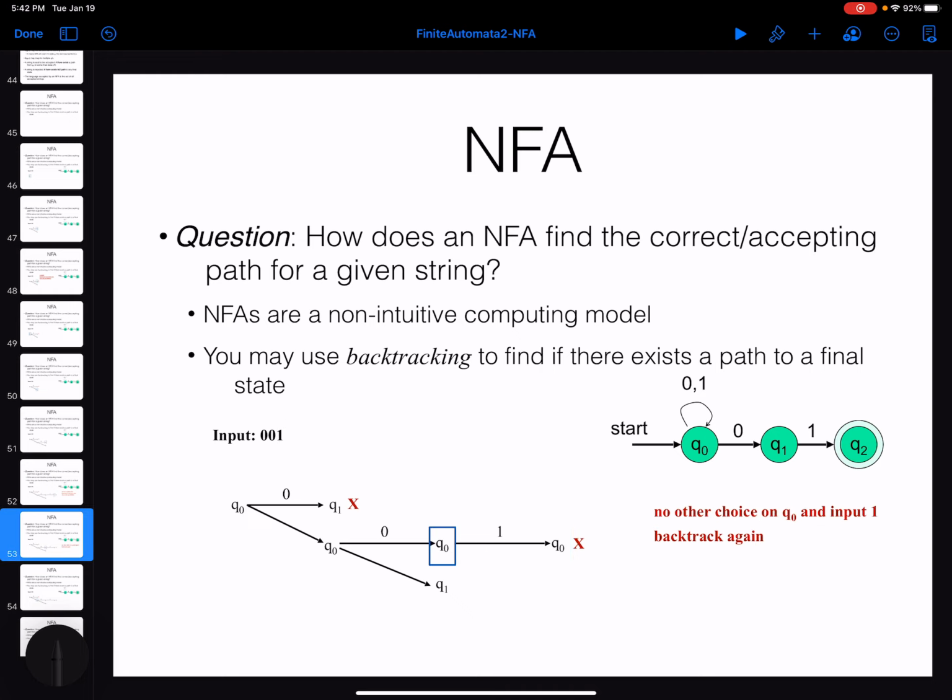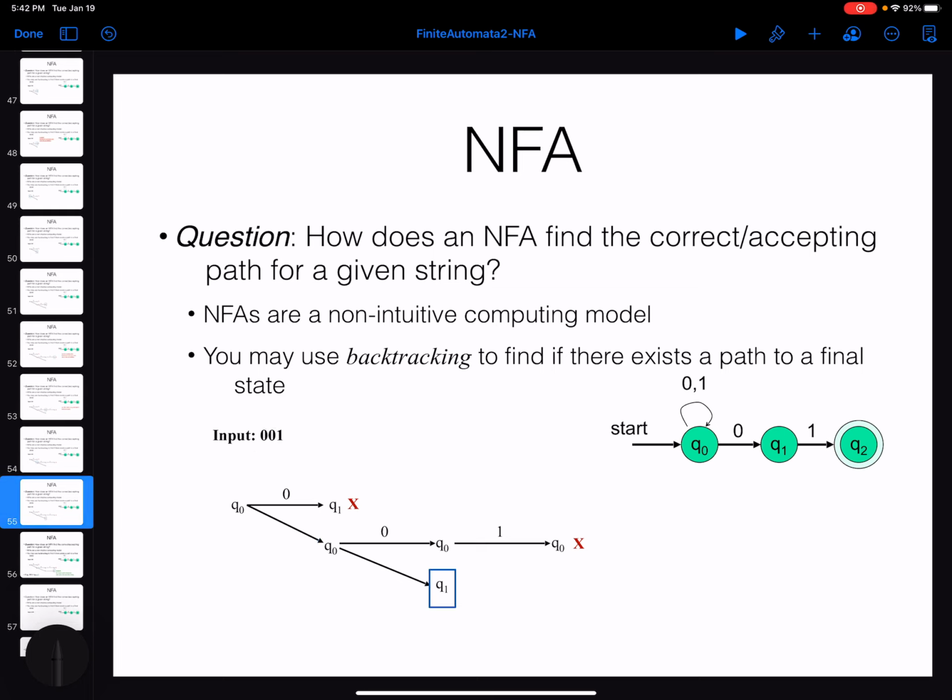So I will backtrack, and here I will follow the other option that I have. Maybe there I can reach an accepting state. When I am backtracking to this situation, it means that I have just read the first input symbol, right? And then by reading the next input symbol, I am going to go to Q1.